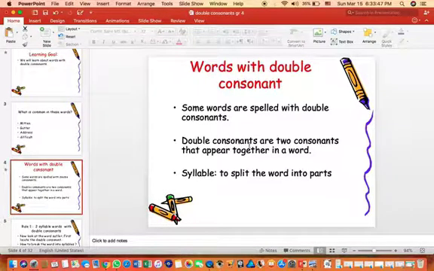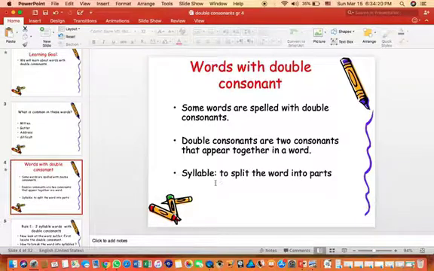As we know, we have 26 alphabets in English, from A to Z. A, E, I, O, and U are called vowels. We have 5 vowels. The remaining letters, we call them consonants. For example, B, C, D, F, and so on.